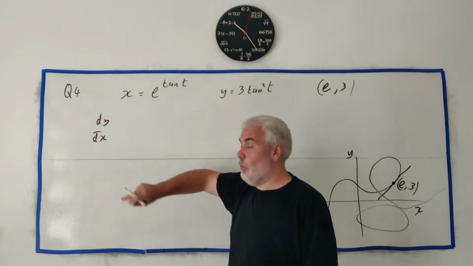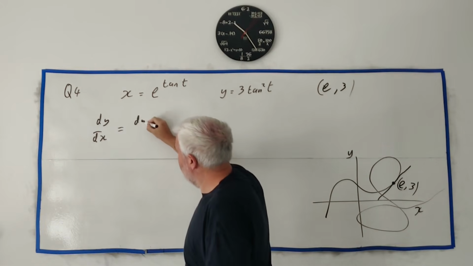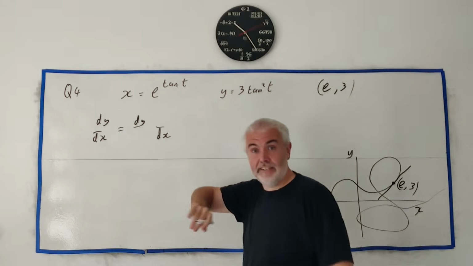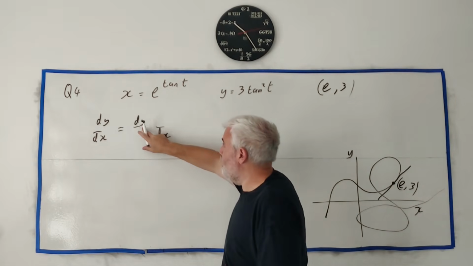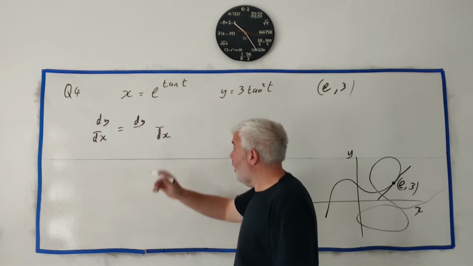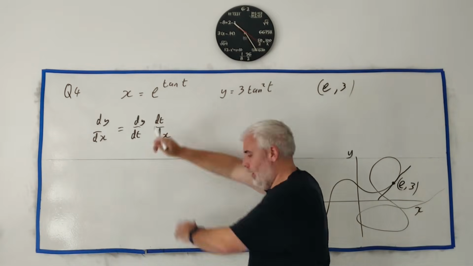To help us get dy/dx, we are reminded by the fact that dy/dx, let me write it again with just a bit of a gap here, is the same as dy/dt anything, dp, dg, or in this case dt, once the dt's cancel.